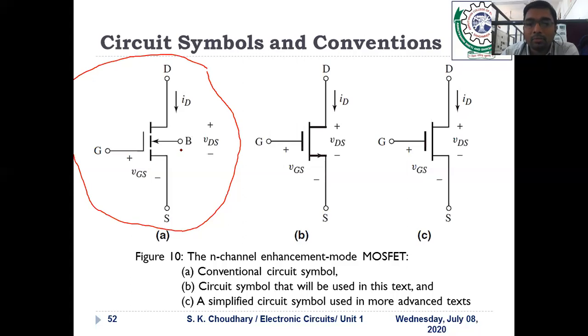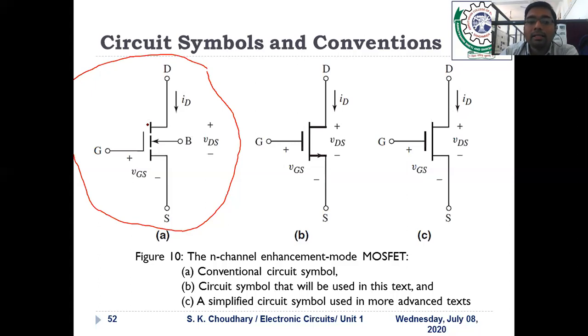As per the structure of the MOSFET, there are four basic terminals: drain, source, gate, and body. Gate is isolated from the substrate. In the symbol you can see there is no physical connection between the gate terminal and the rest of the MOSFET terminals, because gate is isolated by means of silicon dioxide.